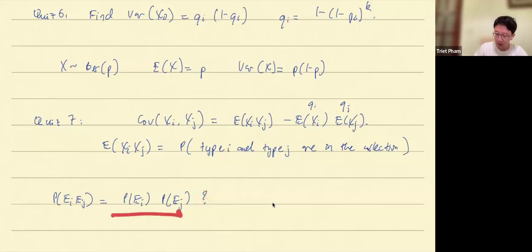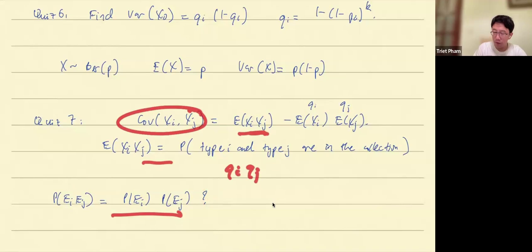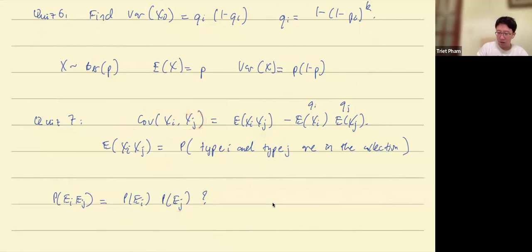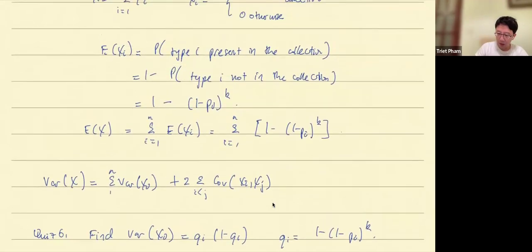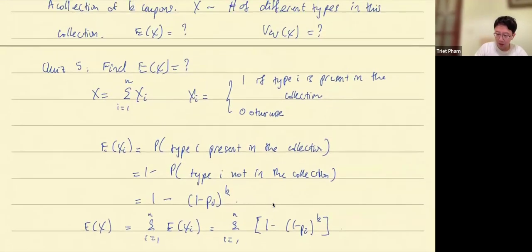Because if that's the case, then the answer here will clearly be Qi times Qj, which, when you plug it in here, would make Xi and Xj have covariance 0. And remember, Xi and Xj refer to type i and type j being present in the collection, and they cannot have 0 correlation.